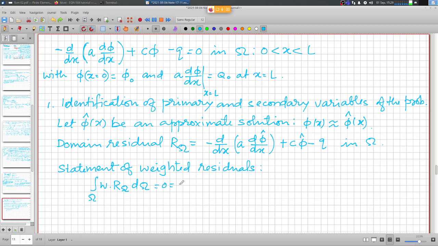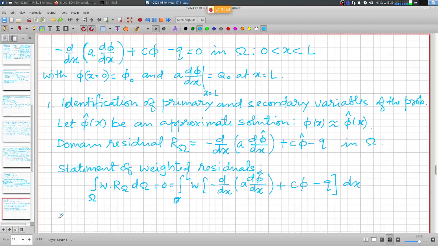Let me just take the particular value, omega ranging from 0 to L. Integral of w times minus d over dx of a d phi hat over dx plus c phi minus q dx. So this is equal to 0.